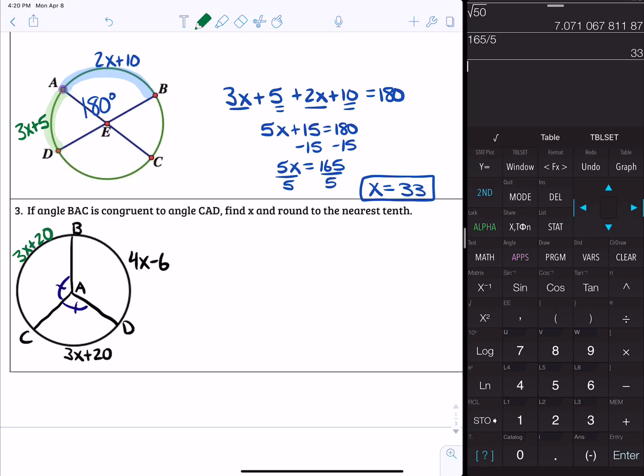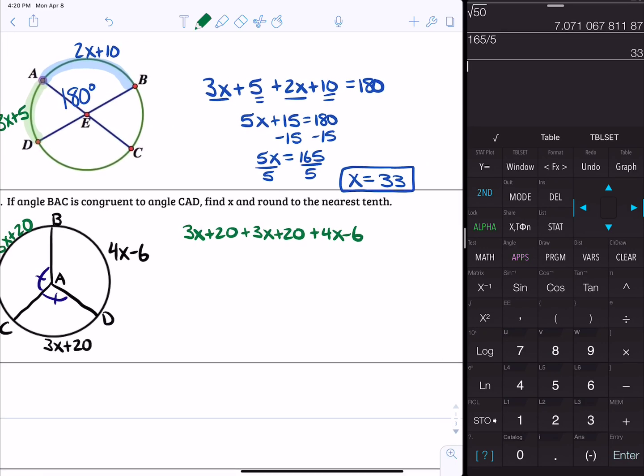And then we're able to add them all up and set it equal to 360. So we'd say 3x plus 20 plus another 3x plus 20, or you could multiply it by 2. Wait a minute, we need to add 4x minus 6, and all together that would equal 360.